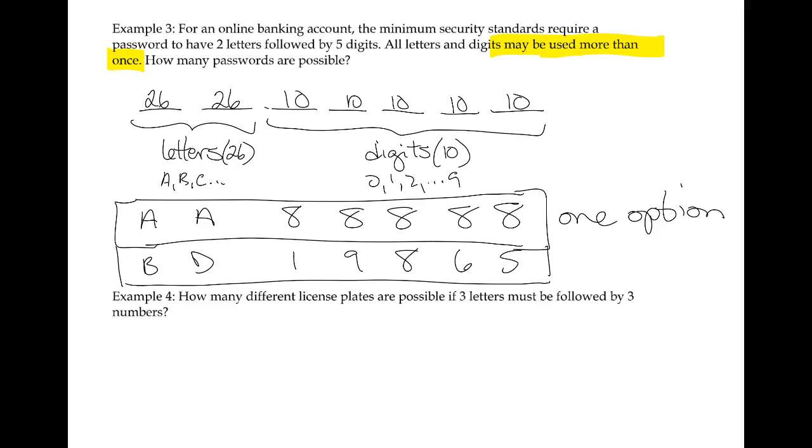So once I've established how many options I have for each place in my password, I just multiply them. So I'd go 26 times 26 times 100,000, and that will get me my answer. So 67,600,000 options.